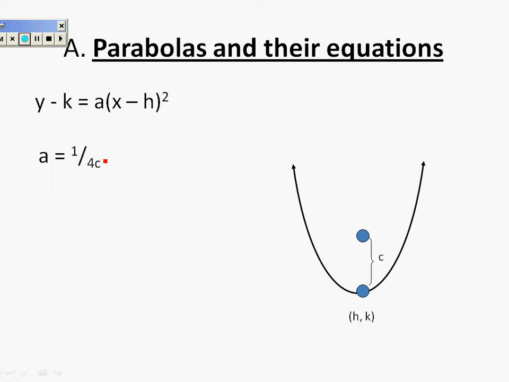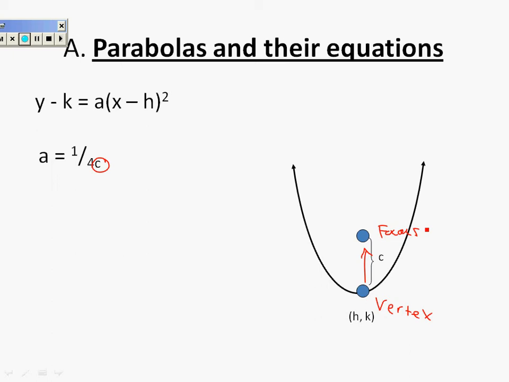C is the distance from your vertex to the focus. That is what we call C. That's the letter we give it. And I want you to notice that C has direction to it also. What do I mean by that?